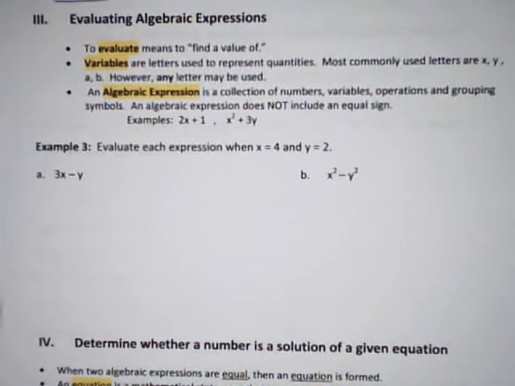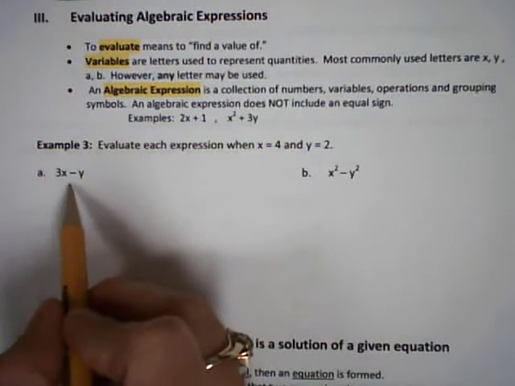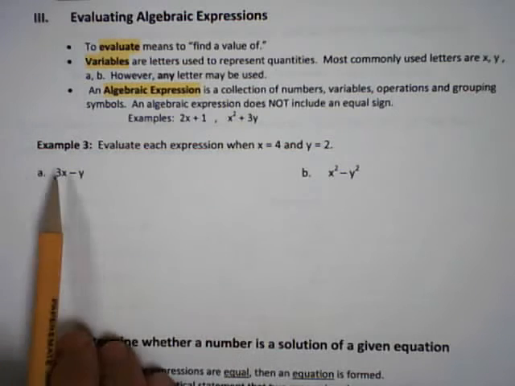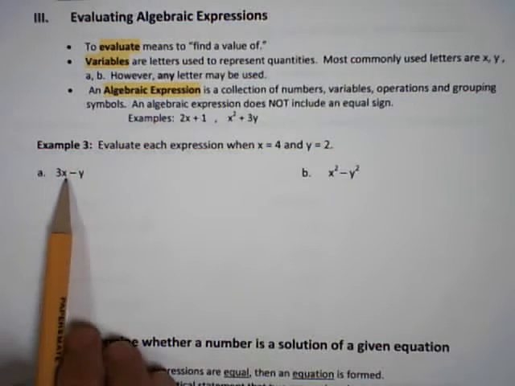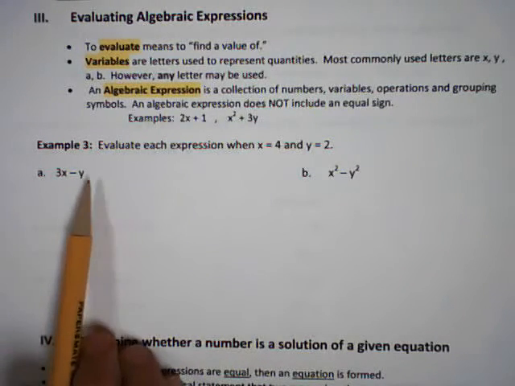Example 3 says, evaluate each expression when x is equal to 4 and y is equal to 2. When I have this problem, 3x minus y, this actually means 3 times x minus y.